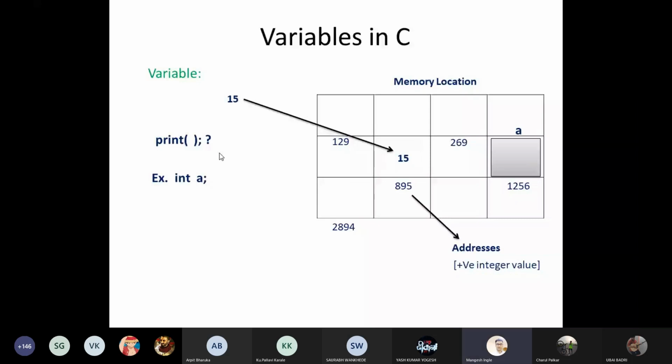So in that case, we can access the identifier, which means we can call A, and we can access the value which is stored in A. I hope everyone is getting it now. We cannot access the value directly from the memory location, so instead we access the value by using the identifier. That identifier is nothing but the name of a variable.